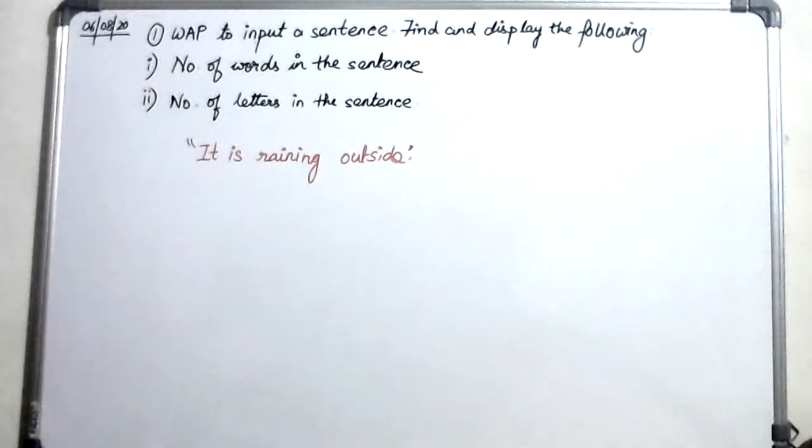How do you think we can find the number of words in the sentence? Any ideas? In programming, it's pretty easy to just see and count the number of words in the sentence, but how do we apply that when writing a program?